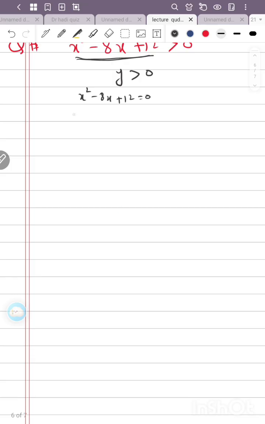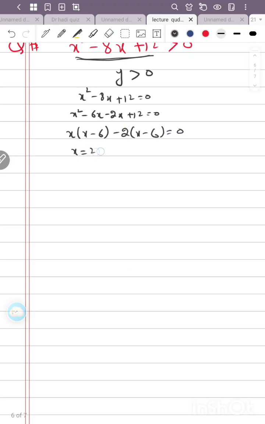Here we take the midterm break. How can we break it? X square minus 6x minus 2x plus 12 equal to 0. X is common, x minus 6, minus 2 is common, x minus 6 equal to 0.